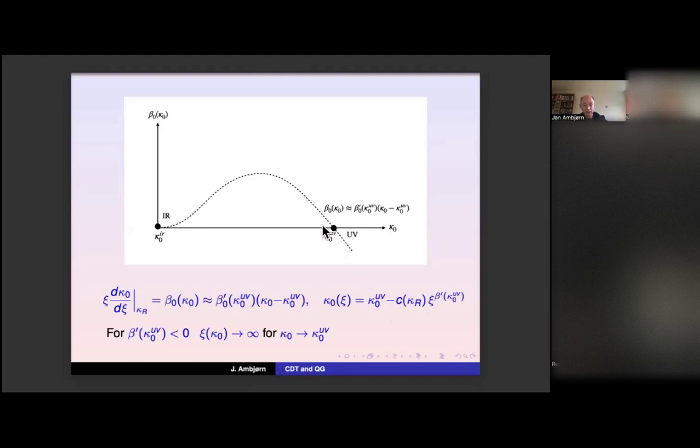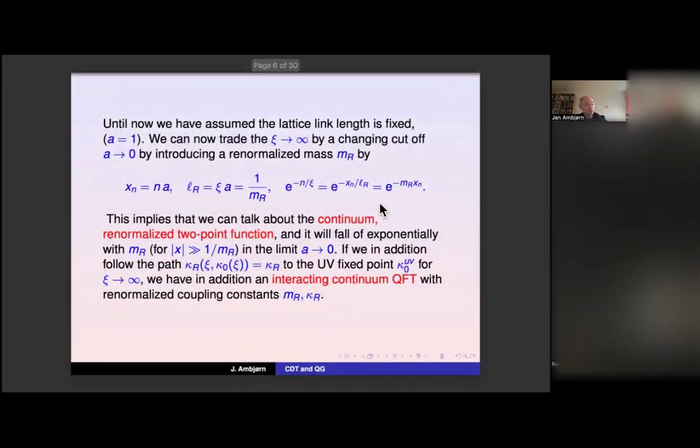And you see that if the derivative at the UV fixed point is negative, then the correlation length goes to infinity when the bare coupling goes to the ultraviolet fixed point. This is what I want you to take away from here, the way that the bare coupling constant will approach the UV fixed point.